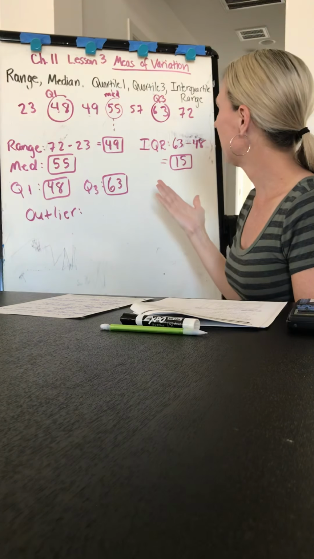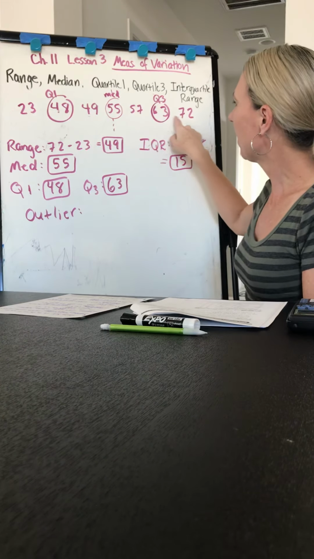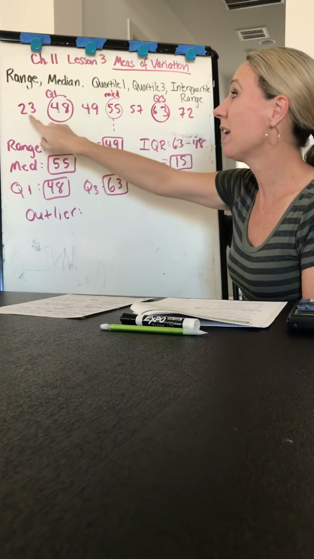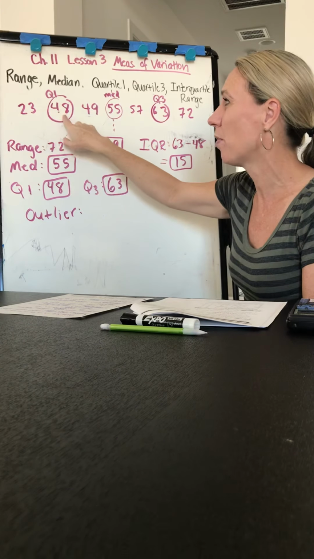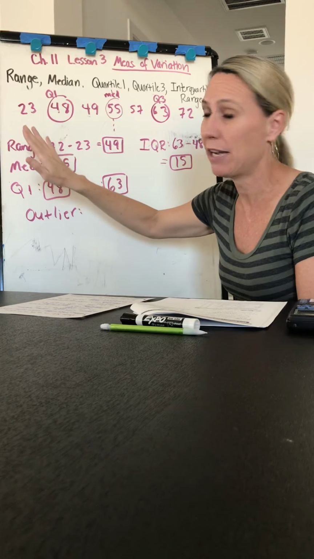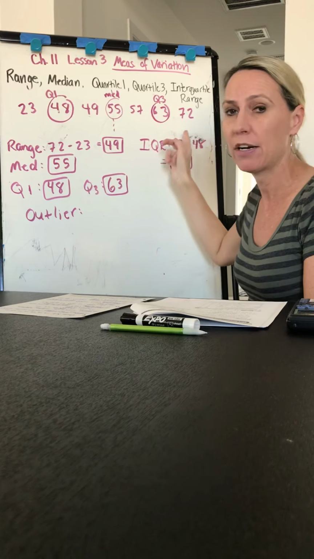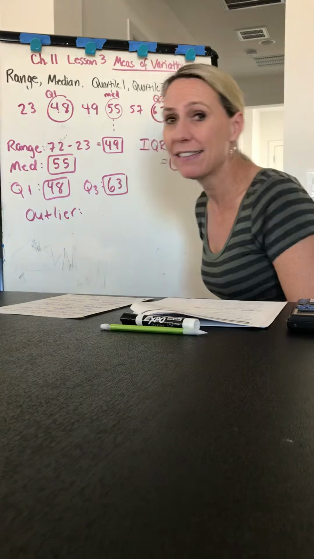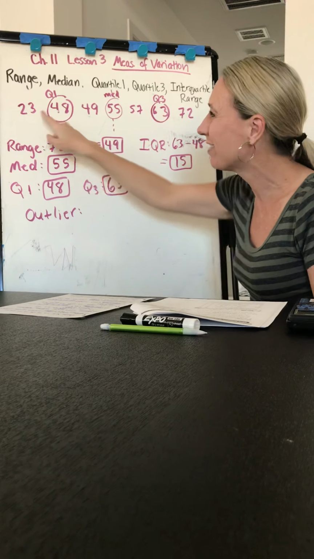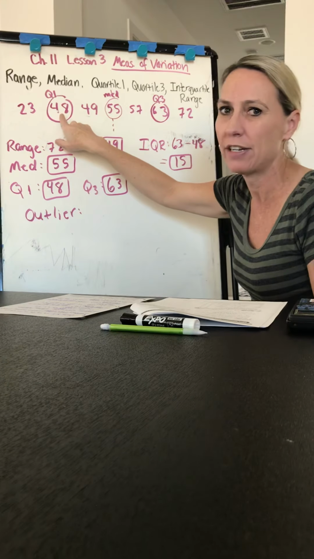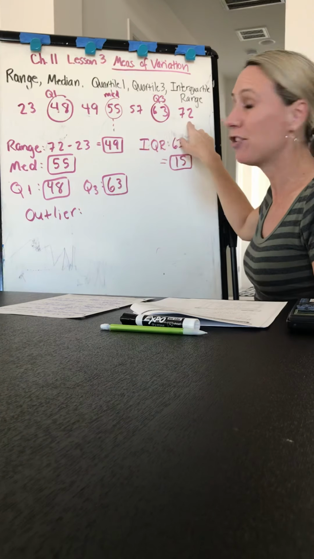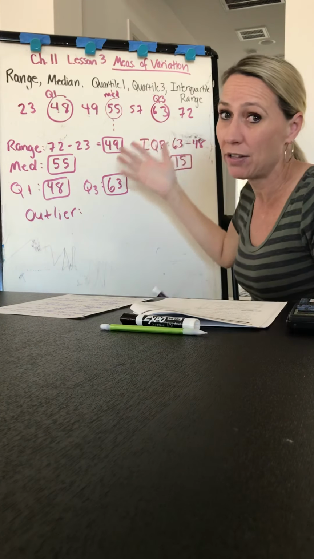So looking at this, 72, okay, that's kind of far away from 63, but 23, that's even more apart from 48. You could have two outliers. You could have one here and one here. But mathematically, this is how you know, is this far enough from 48 to call it an outlier? Is 72 far enough from 63 to call it an outlier?